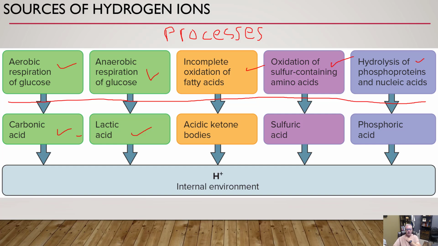Carbonic acid then dissociates into bicarbonate, HCO3-, anions, and hydrogen ions, or H+. This reaction helps regulate the pH of the blood and maintains the body's acid-base balance. So remember that aerobic respiration of glucose releases hydrogen ions into body fluids.